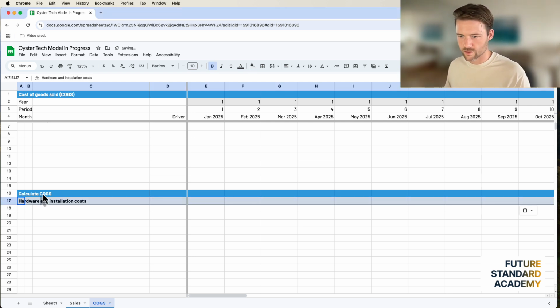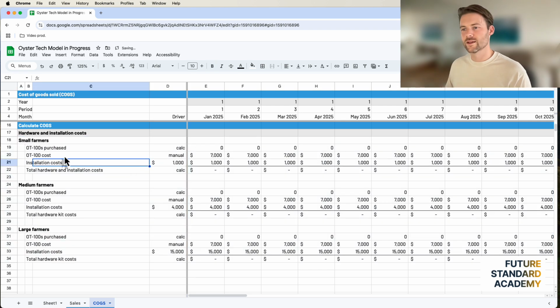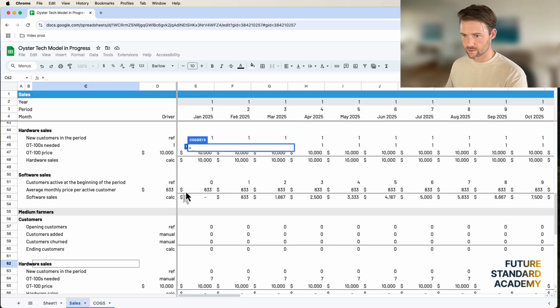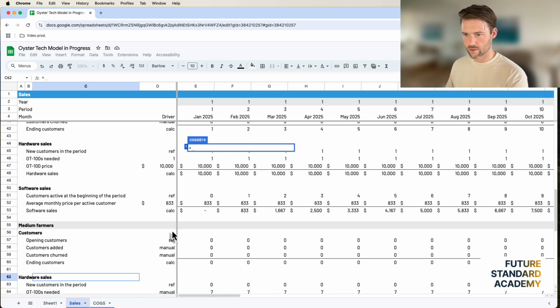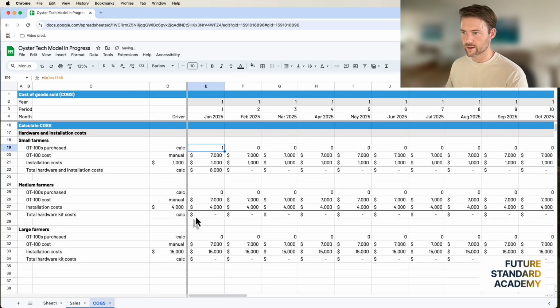So the first cost of goods sold category is hardware and installation costs. What I've done in this case is I've actually inverted the data, where for a small farmer there's going to be an OT100 purchased. This information is coming in from sales, which is up here, OT100s purchased needed in the period.